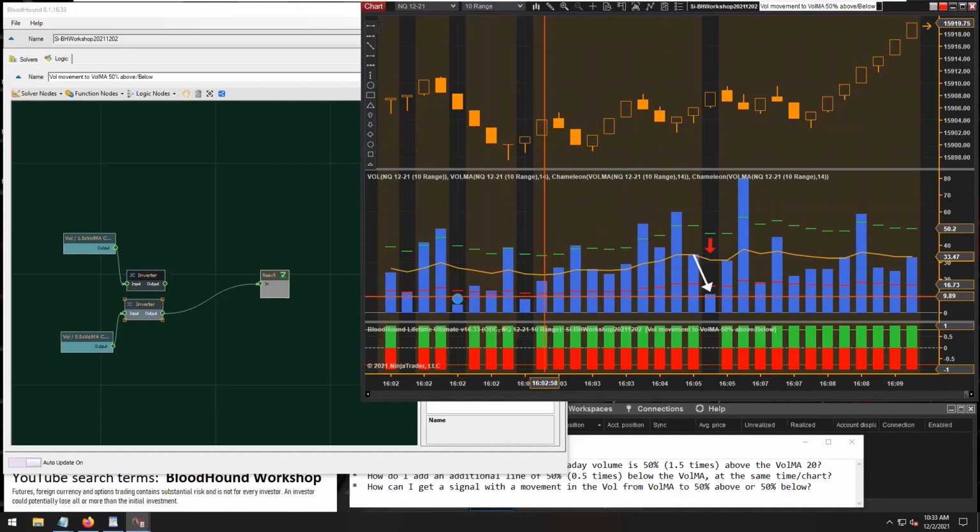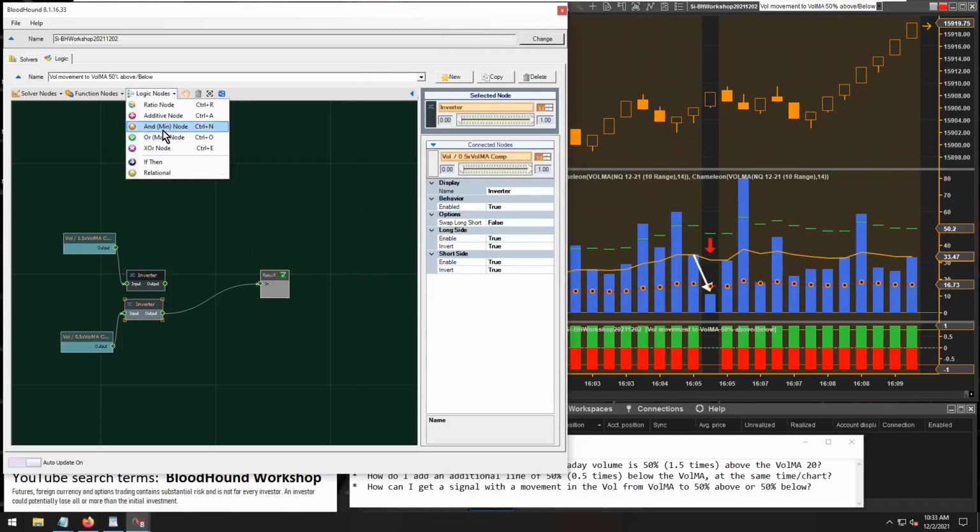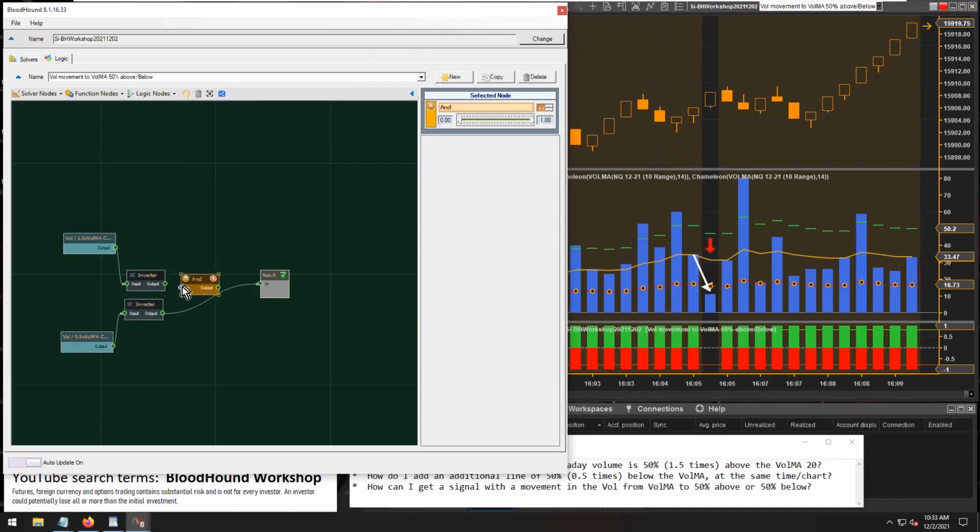There's all the bars where the volume is above the 50%. But it also includes the volume that's greater than the 150%. So the next step is to combine these two conditions here.